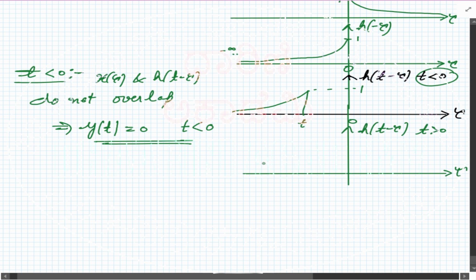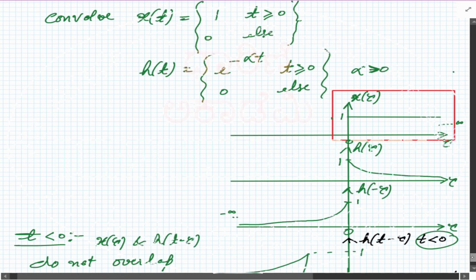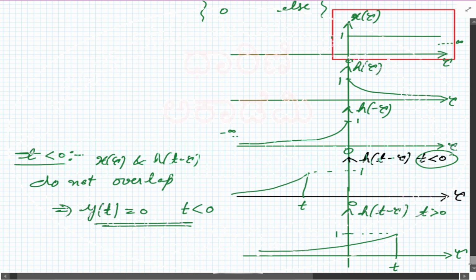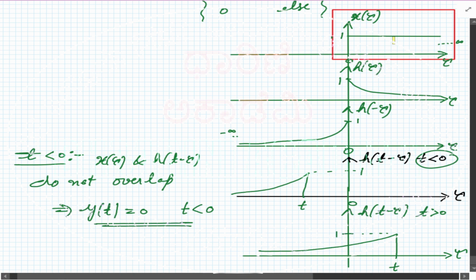So this is the tau. Now I can see that this will be a positive t and the function looks like this. Now this is 1. Okay, now you tell me, how do I calculate the convolution? It's possible. See, there is an overlapped region now.